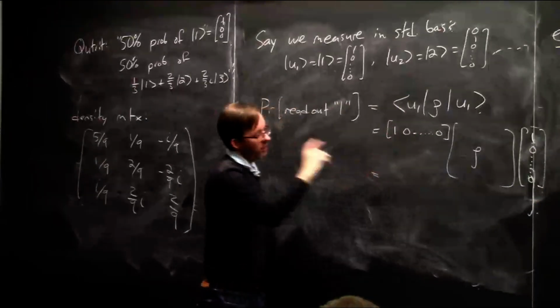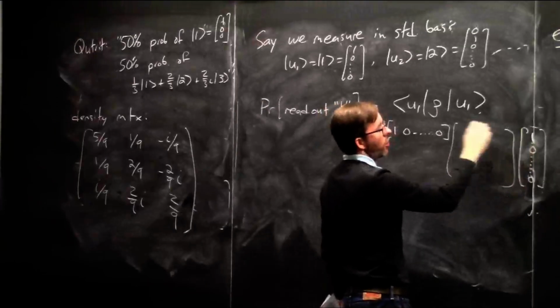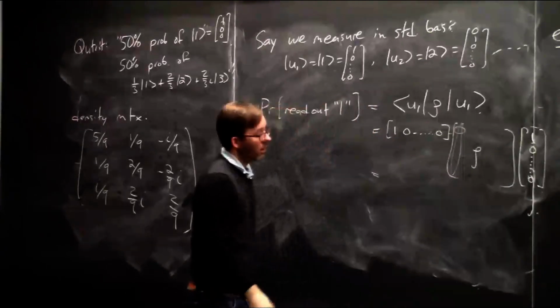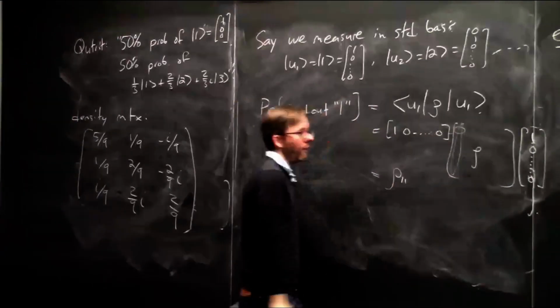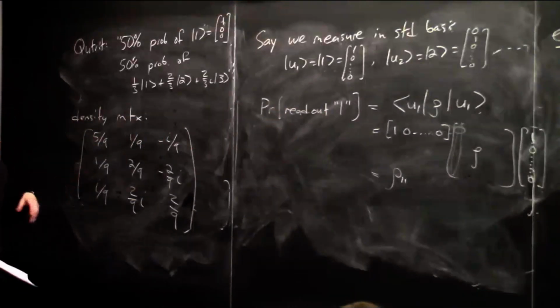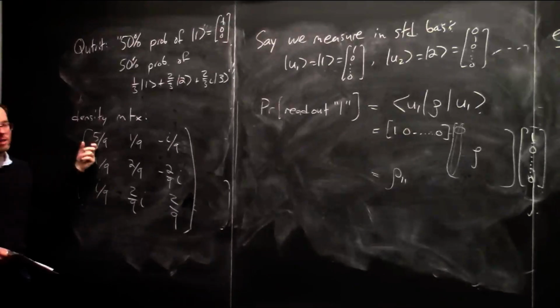If you do this vector-matrix-vector multiplication, this one just picks out the first column, and then this just picks out the first row. So you get the number rho_11. So given any density matrix, if you measure in the standard basis, the probability that the readout is 1 is the top left entry.